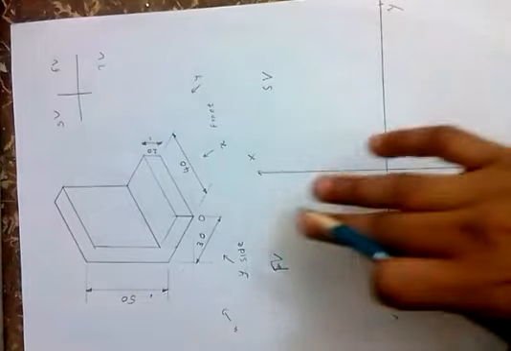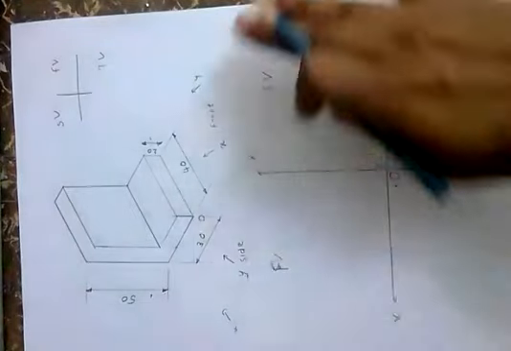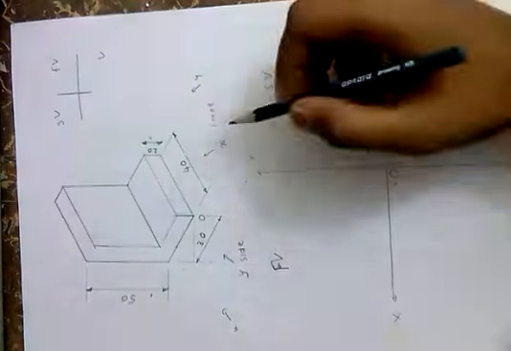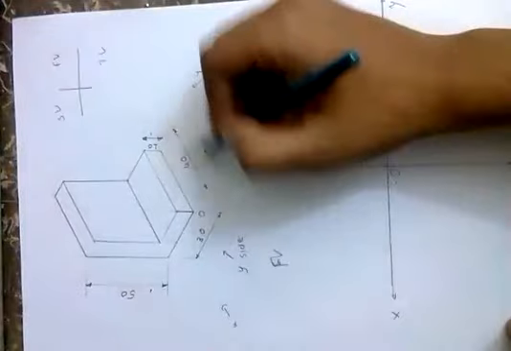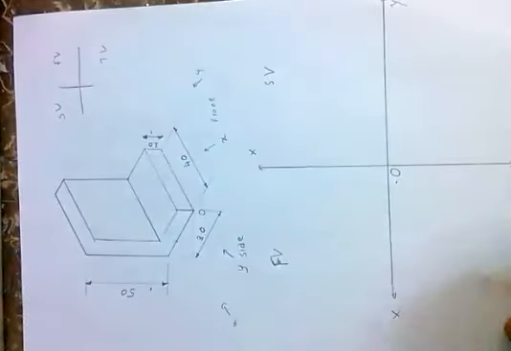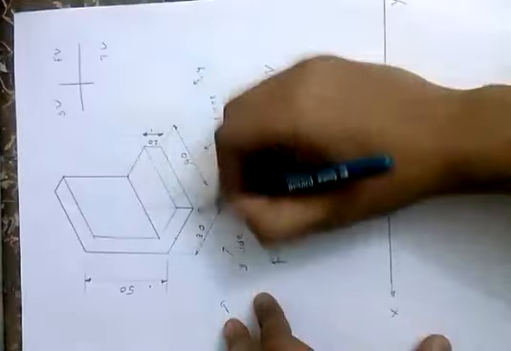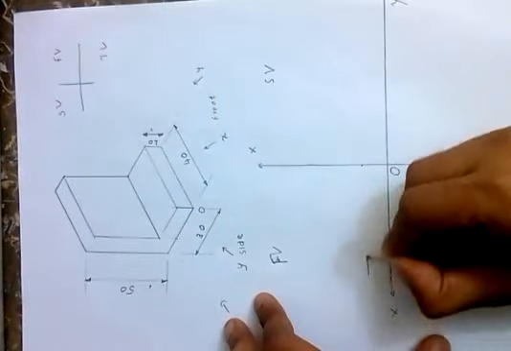Now once we fix the location of the front view, side view and top view, the next important task is to draw the boundaries. Here your front view is here, the length of the front view will be 40 and its height will be 50. I will just roughly draw the 40.